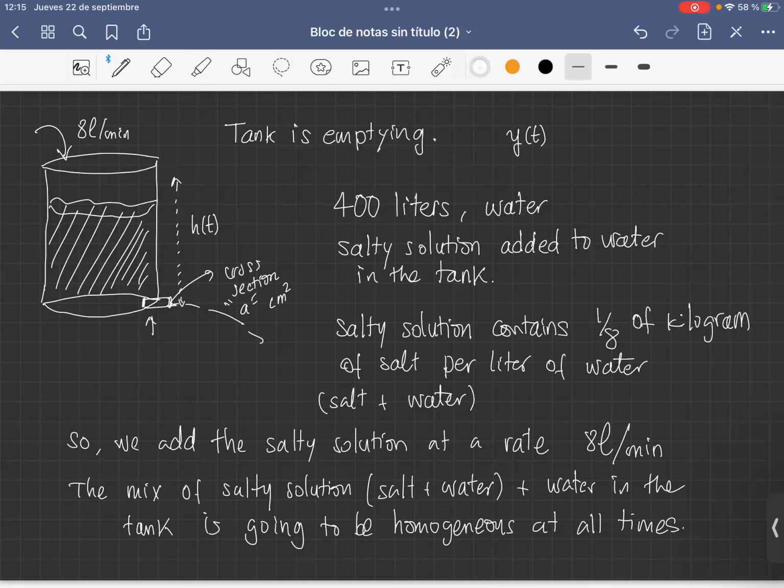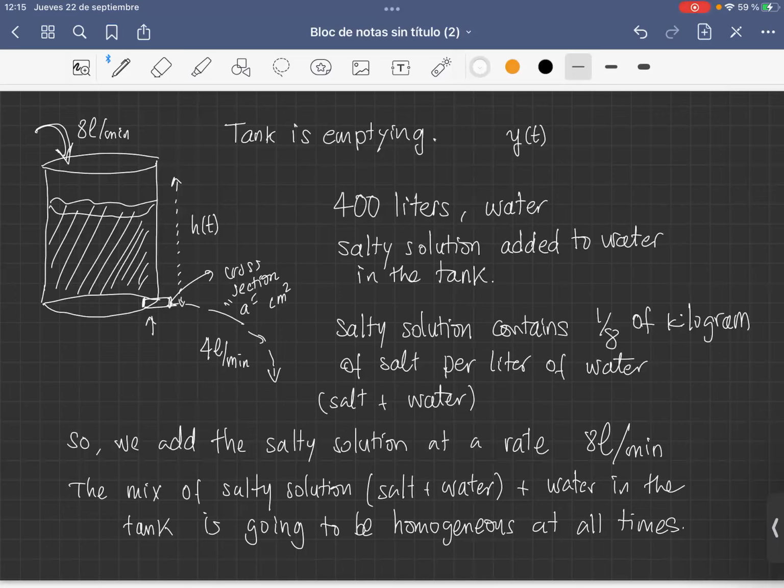And here the water with the salty solution, all the mix, is gonna be coming out at a rate that is 4 liters per minute. Okay, so that's the problem. We're putting in more salty solution, 8 liters per minute, but the mix is going out at a rate of 4 liters per minute.